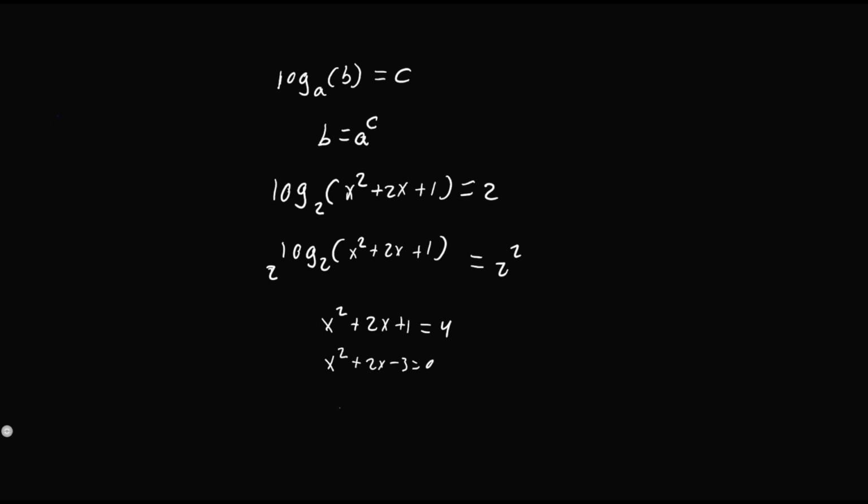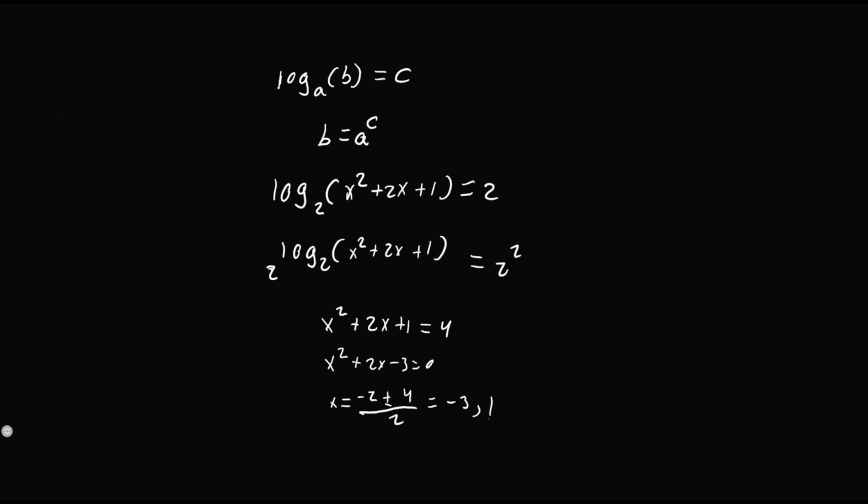We're going to have x is equal to negative 2 plus or minus the square root of 4 plus 12, which is 16, which gives us 4 over 2, which is going to give us negative 3 comma 1. Those are our two solutions.